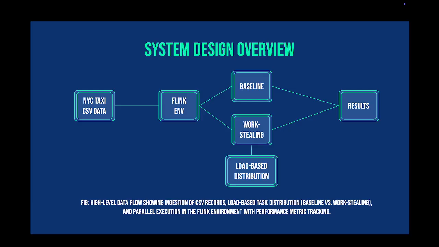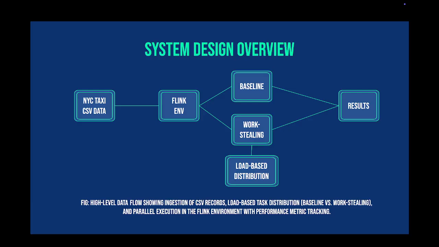Let's quickly walk through how the data flows in the system, but before that, let me give you a brief on the dataset which we're using here. This is the NYC taxi trip data for the last quarter of 2024. It's about 9 GB in size and has about 60 million records.